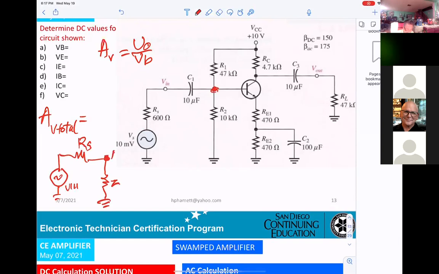That means AV1. And now you want to calculate AV2 right here, the AV total. Then you take AV1 times that guy divided by the total. That will be included in the calculation for this circuitry.